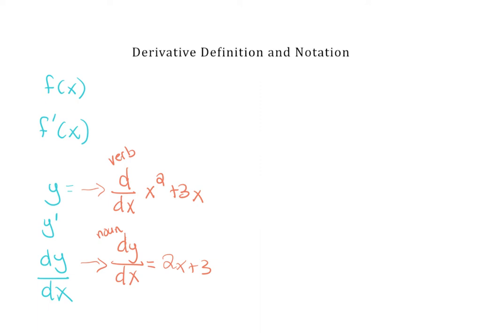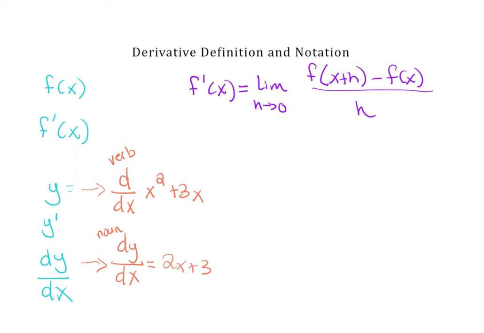Okay, and now the definition of a derivative. This is what we have been working on so far this unit. So we've got f prime of x. It is equal to the limit as h approaches 0 of f of x plus h minus f of x all over h.